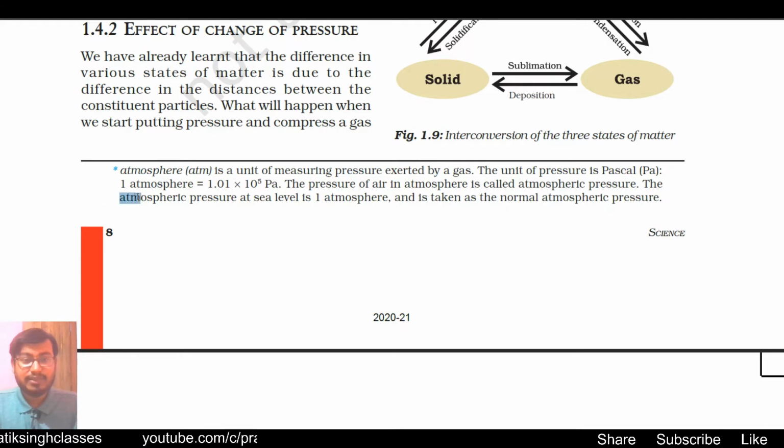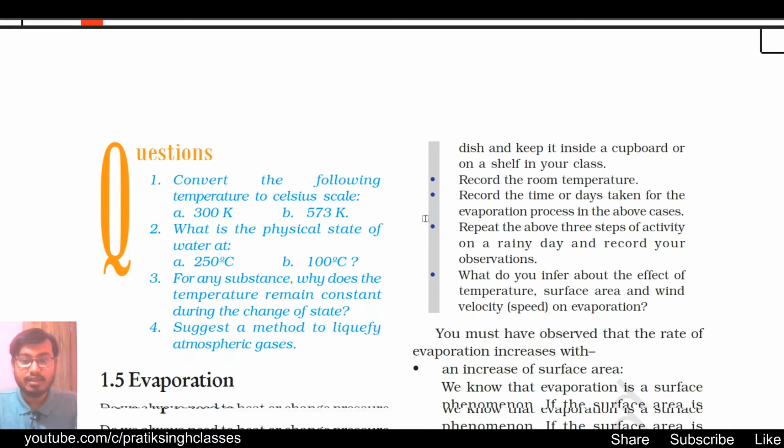The atmospheric pressure at sea level is taken as 1 atmosphere, and as we move above the surface of earth, the atmospheric pressure decreases. The pressure at sea level is called 1 atmosphere, and that is taken as the normal atmospheric pressure.